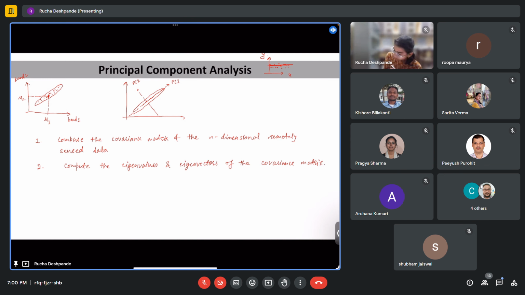And lastly, we estimate the factor loadings. So factor loading gives us an idea of how much a principal component is related to a band. So that will help us in deciding which band should be given more weightage during the analysis.